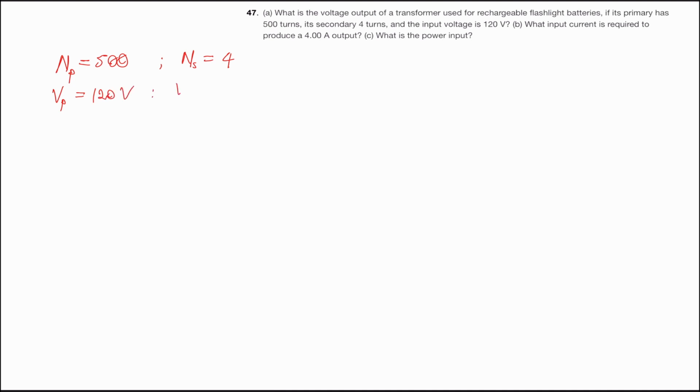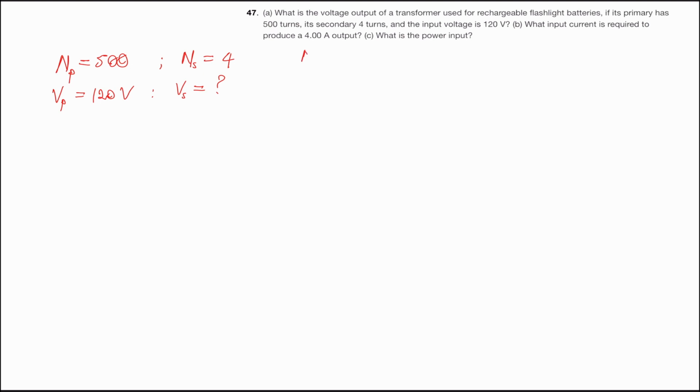And they've asked us to find what is its output. Well, just from looking at the turns, notice the primary side has 500 turns, whilst the secondary side has 4. We can already figure out what type of transformer this is.